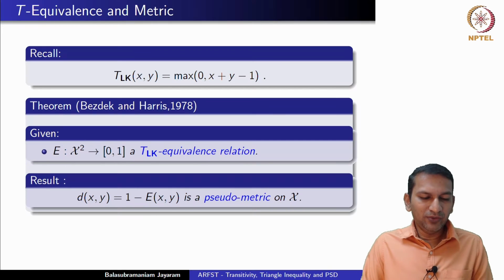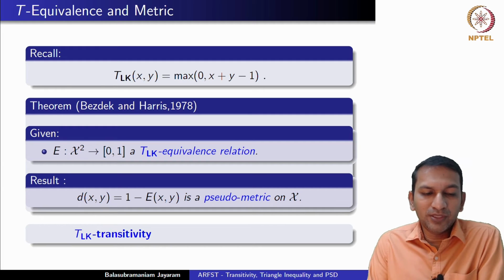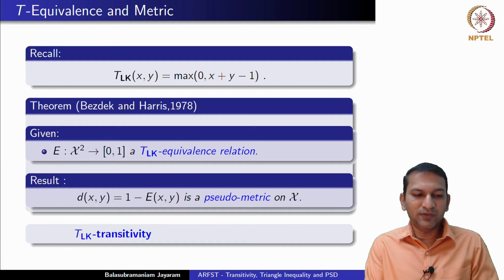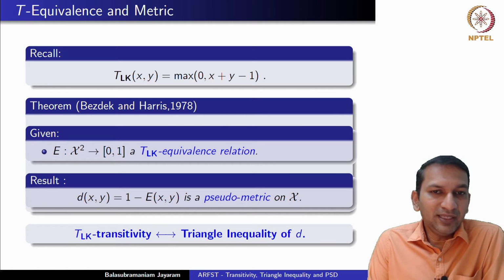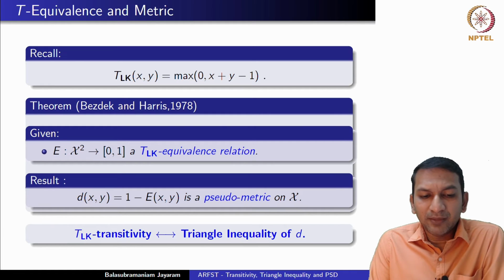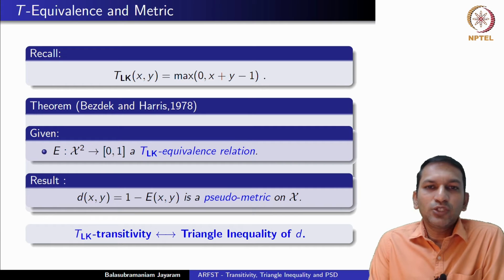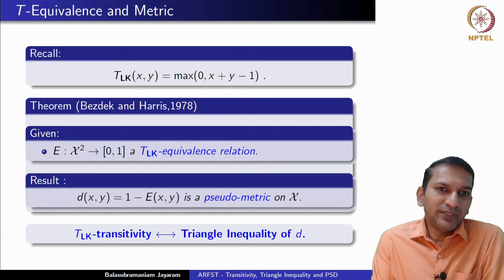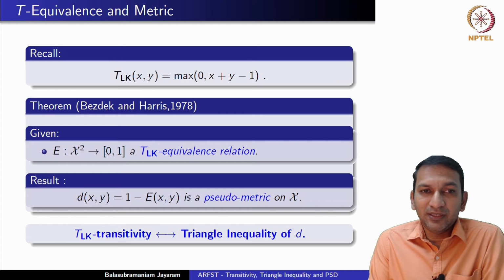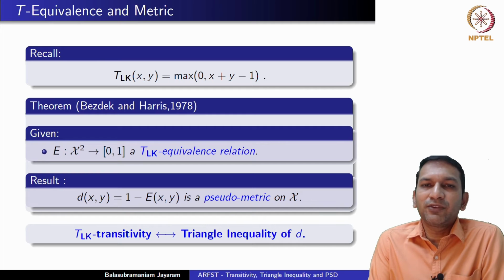So what we have now is that if you have an equivalence relation which satisfies T-transitivity, that is a T_LK equivalence relation, we have shown that the T_LK transitivity in fact can be related to the triangle inequality of d, where d is 1 minus e. So this is one of the very first results which related the T_LK transitivity with the triangle inequality of a metric, a pseudo-metric that you can obtain from e.